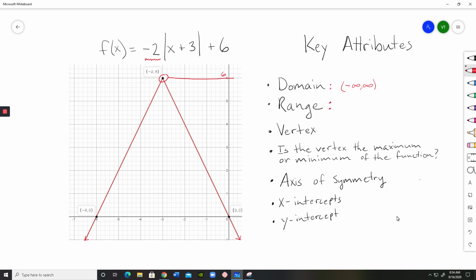And so let's see, when I write that range then, since 6 is the maximum, I have to put it on the right side, and I'm going to give it a square bracket because it's part of the vertex, and so it's definitely part of the graph.